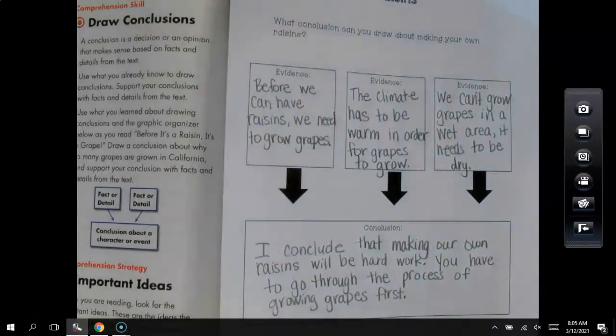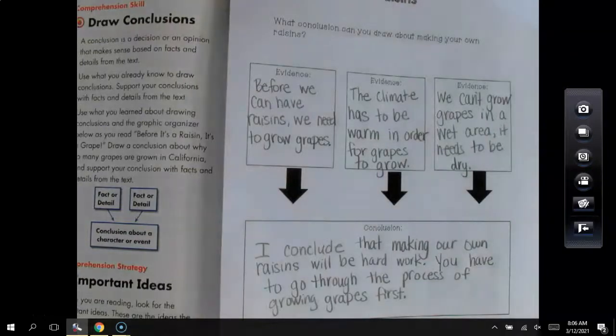And it talked about what we needed to grow grapes. To grow grapes, we need a warm, dry area. And that's why California grows most of the grapes and why many countries enjoy the grapes grown in California.